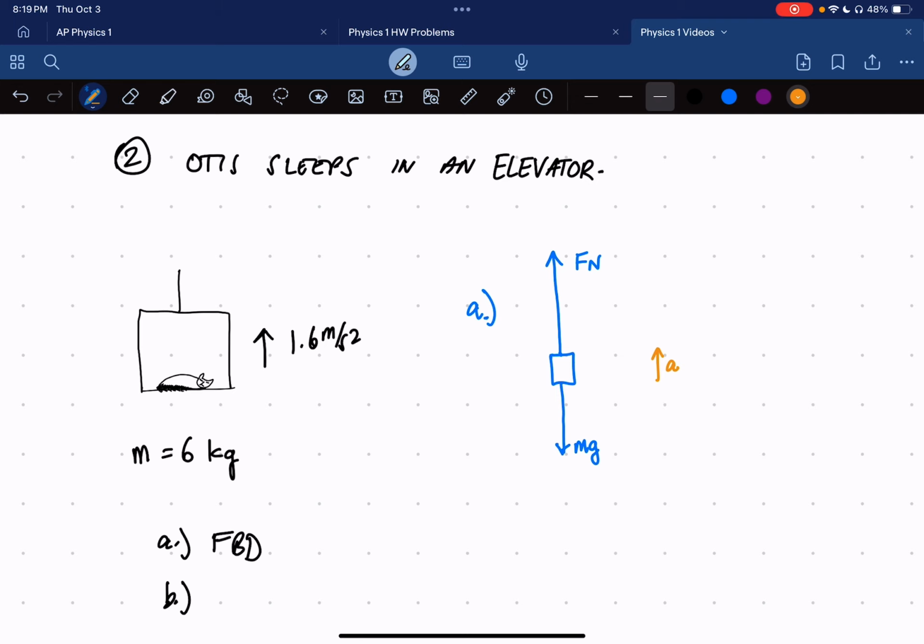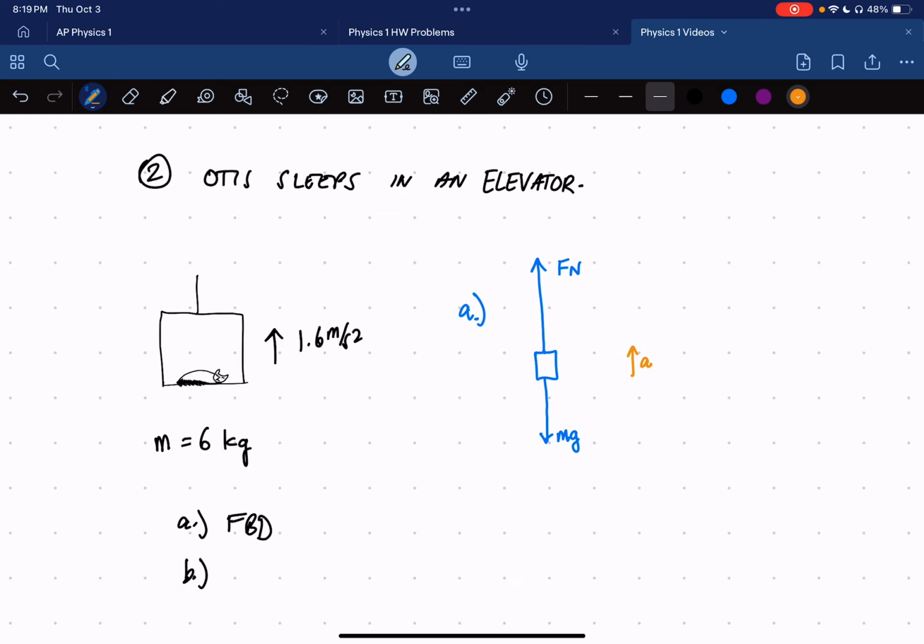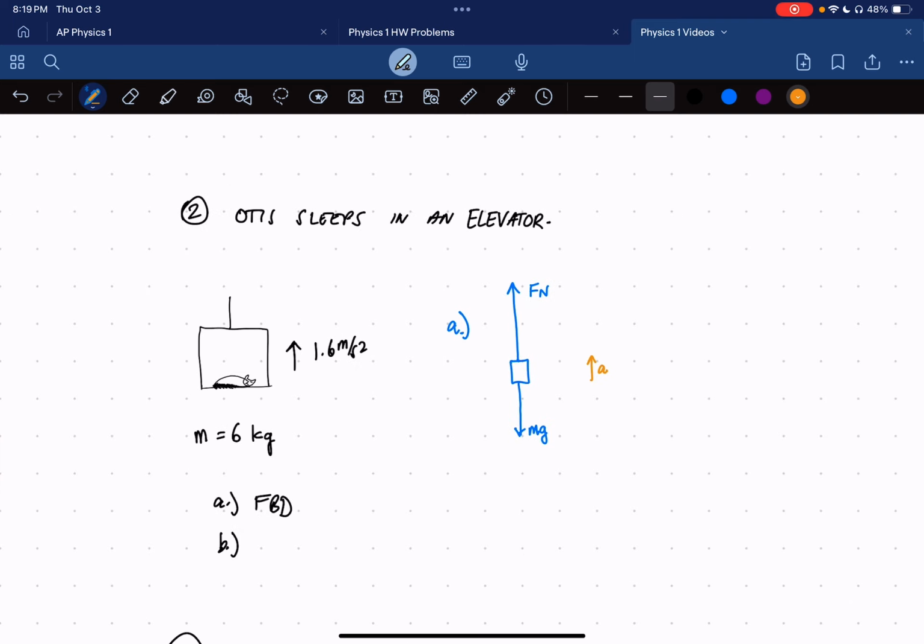Don't draw that too close to the free body diagram. Technically, it's not part of the free body diagram. It's not really supposed to be there, but it's very useful to use it. So I like to do that, and I think it helps a lot of people when we write it that way.